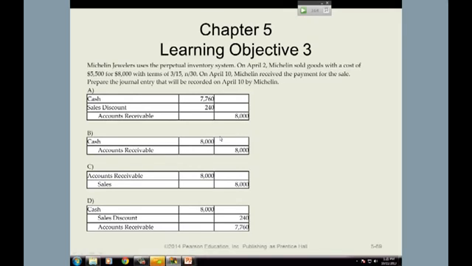So the question I had during office hours was just to be sure this individual understood, saying that, look, the entire amount of the accounts receivable is paid off, but you only gave me $7,760. The reason for it is that we allowed you to take 3% off the invoice or the balance that you owed. So that's the balance of accounts receivable. It was $8,000. We took the 3% off.